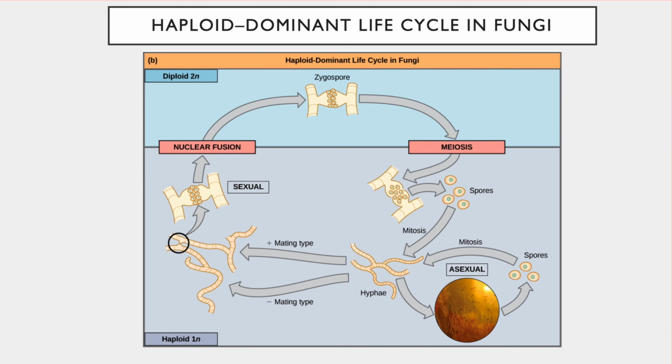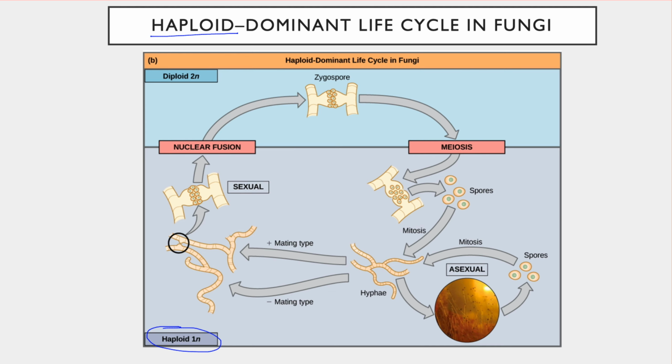In fungi, their dominant life cycle, or dominant portion of their life cycle, is the haploid, meaning that the majority of the time that fungi are living, their cells are 1N or have only 1 copy of each chromosome in their genome.